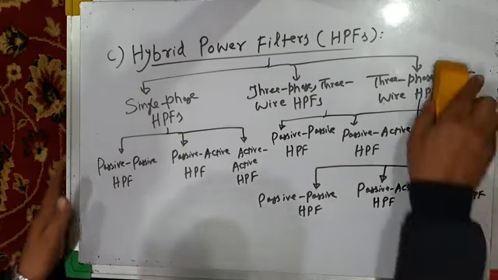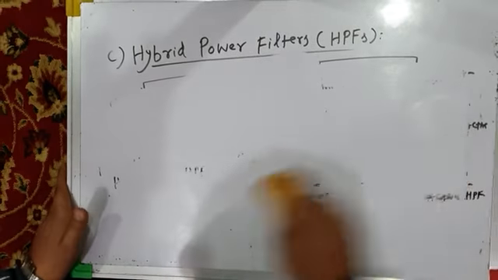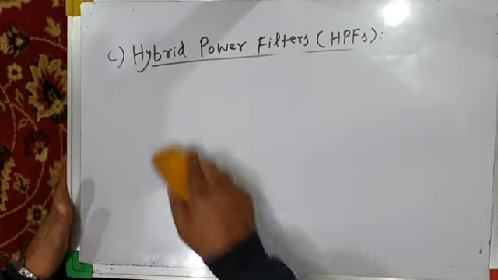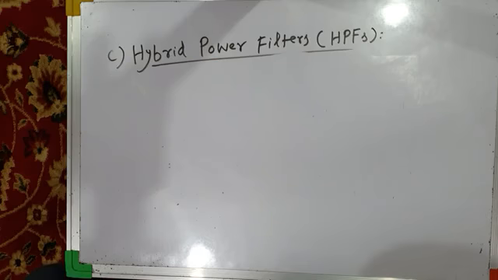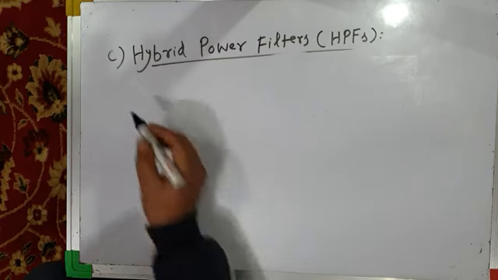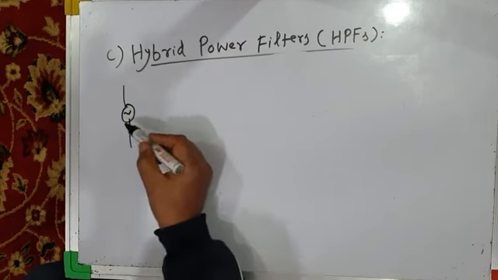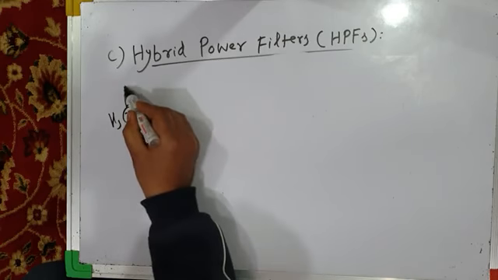Let me show you some of the configurations of these hybrid power filters. So some of the configurations are like this. You may have a hybrid power filter like this. This is source voltage.